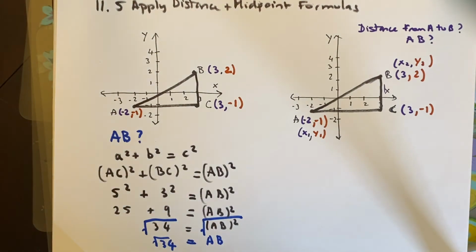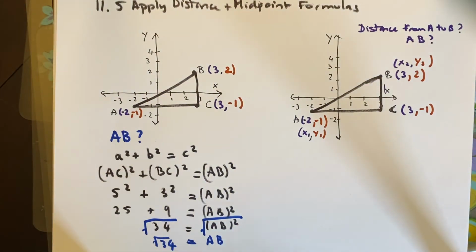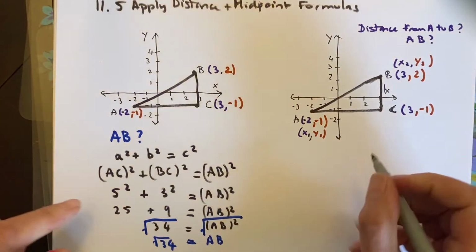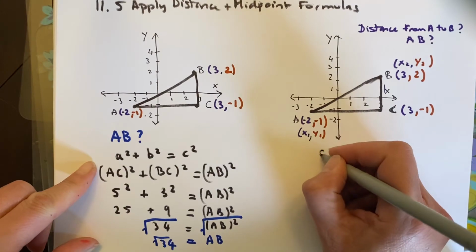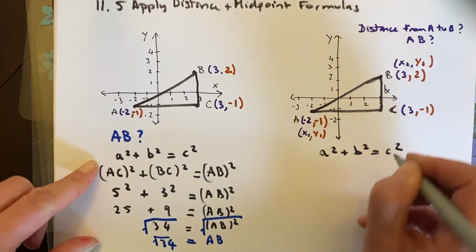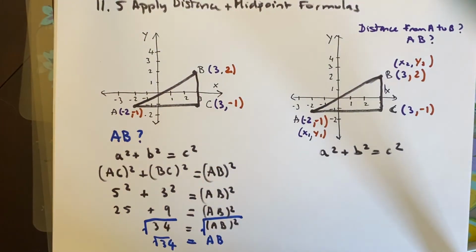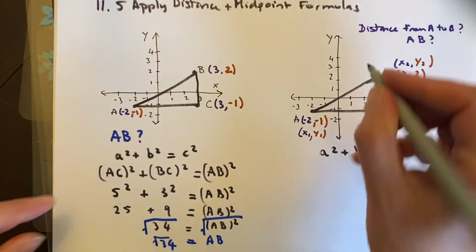And again, I'm going to restate my Pythagorean theorem, which governs this whole system. A squared plus B squared equals C squared. But instead of calling this C squared, I'm going to call it my distance. I'm trying to find out what D is.